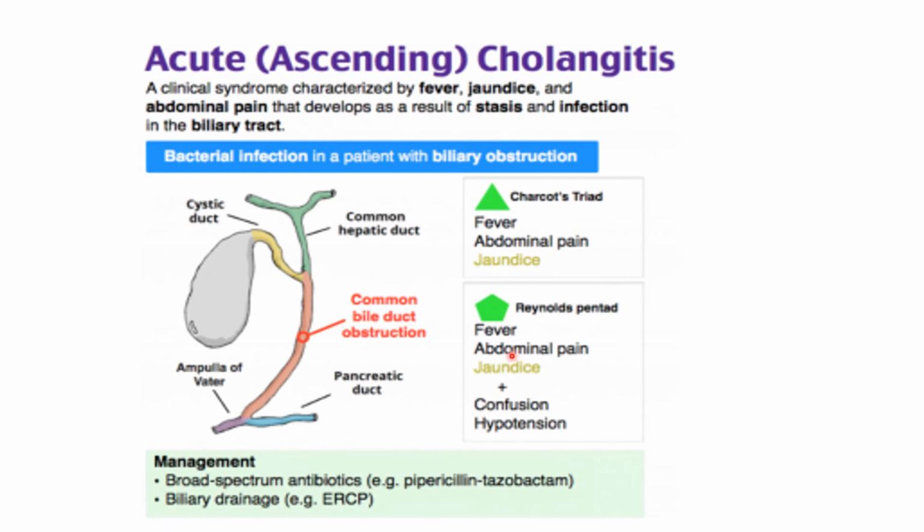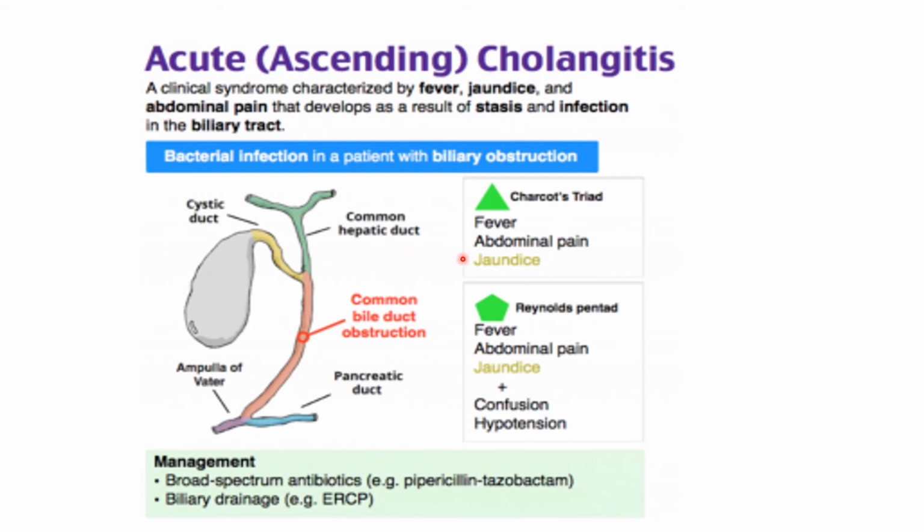The most common presenting feature of bile duct obstruction by a stone is inflammation of the bile ducts, called acute ascending cholangitis. This is due to stasis of bile and secondary bacterial infection that causes severe inflammation of the bile ducts. It is a clinical syndrome characterized by fever, jaundice, and abdominal pain in the right hypochondrium, that develops as a result of stasis and infection in the biliary tract.